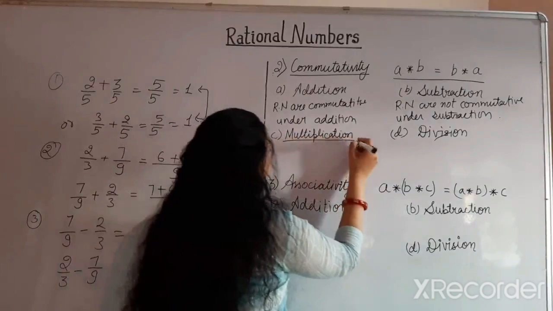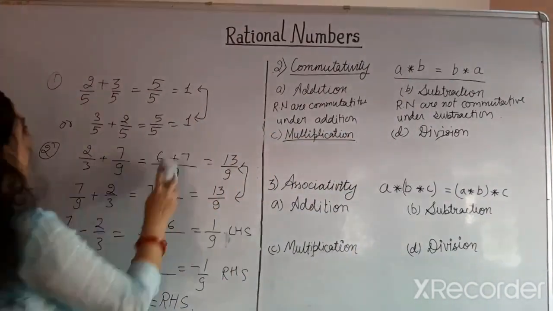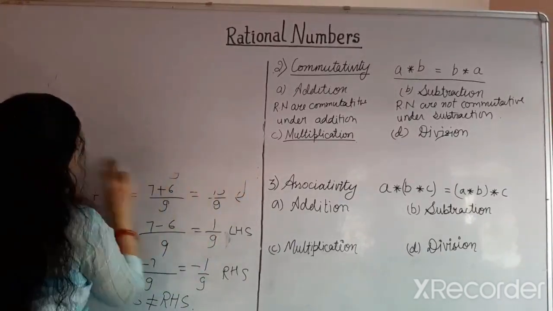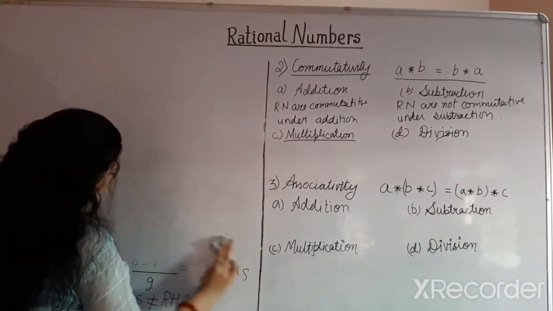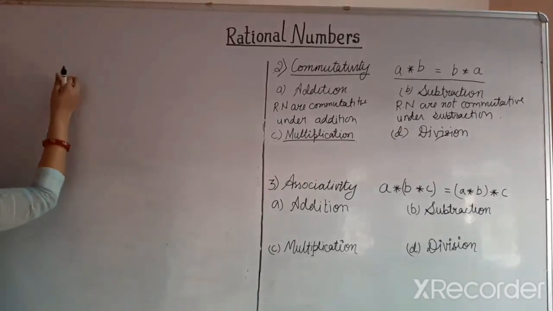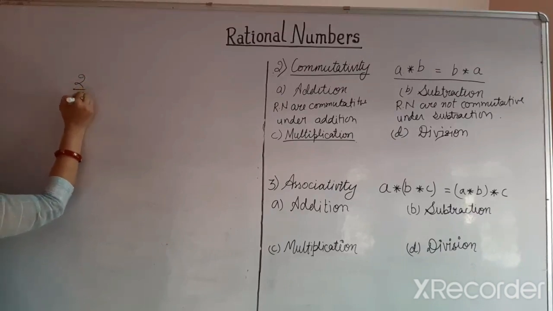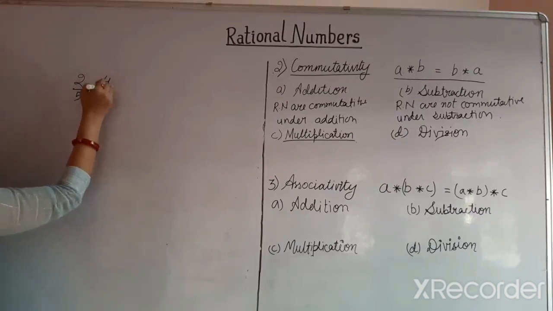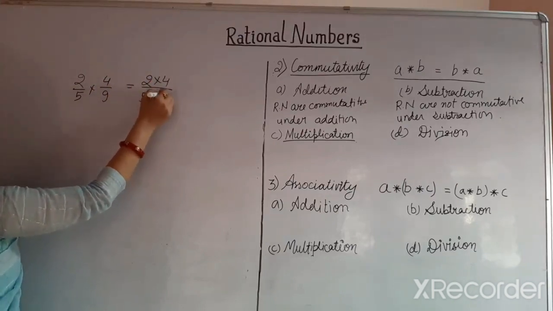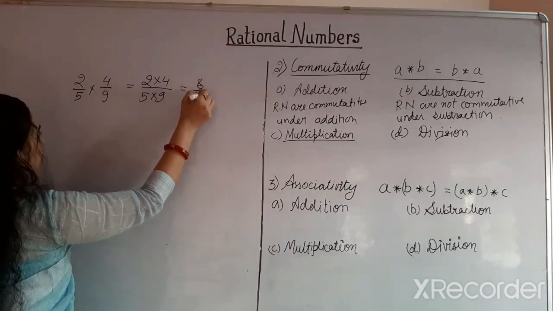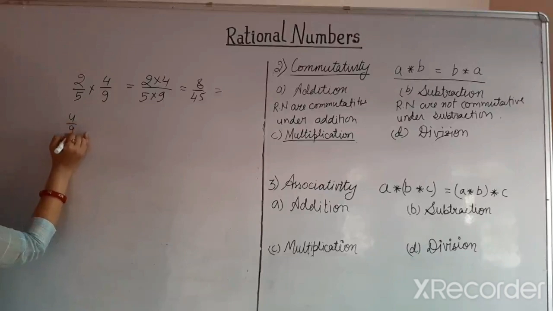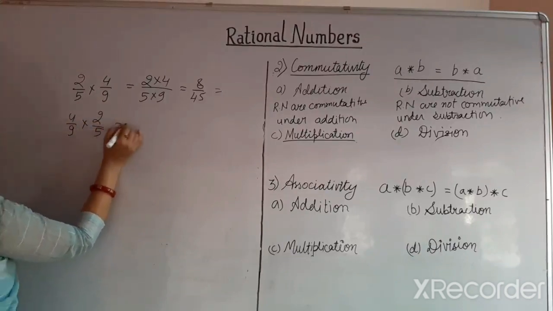Now, let's talk about multiplication. If we multiply any two rational numbers, 4 upon 9 into 2 by 5, the result is the same as when we multiply 2 by 5 into 4 upon 9.